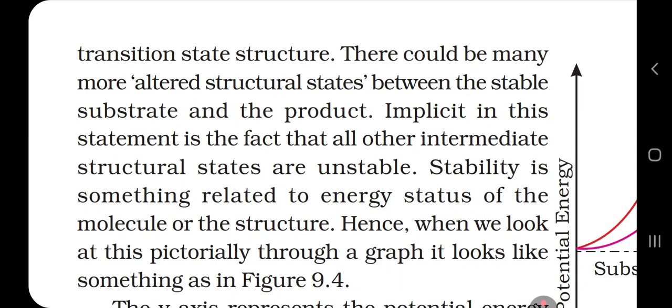Implicit in this statement is the fact that all other intermediate structural states are unstable. Stability is something related to the energy status of the molecule or the structure. Hence, when we look at this pictorially through a graph, it looks like something as in Figure 9.4.